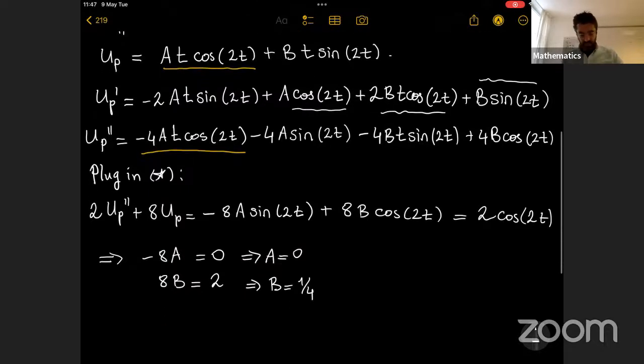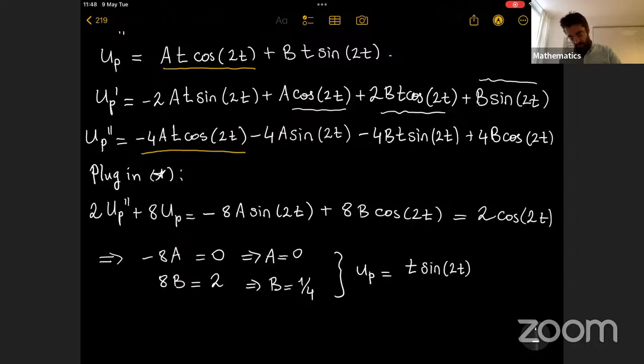Let us put this back into u_p. So the particular solution is, a is 0, b is 1/4, so t times sine 2t over 4. Okay.